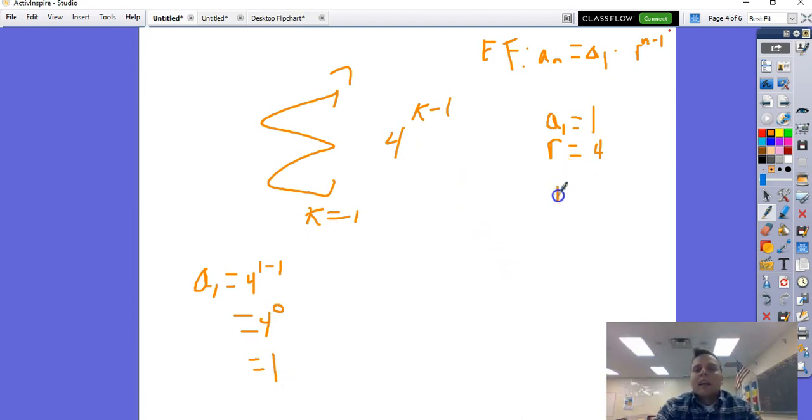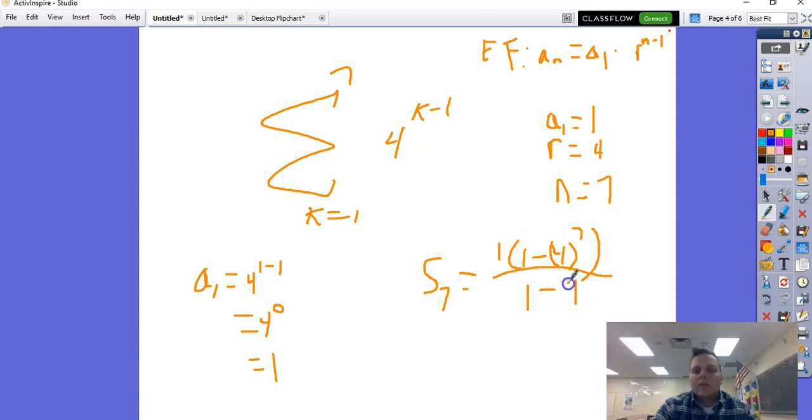Alright, and then n is just my total number of terms, so for this problem that is 7. And that was gross. Alright, so now we can say s sub 7 is equal to the first term, which is 1, times 1 minus r to the n, so that's going to be 4, put that in parentheses, raised to the 7th, divided by 1 minus r, so 1 minus 4.